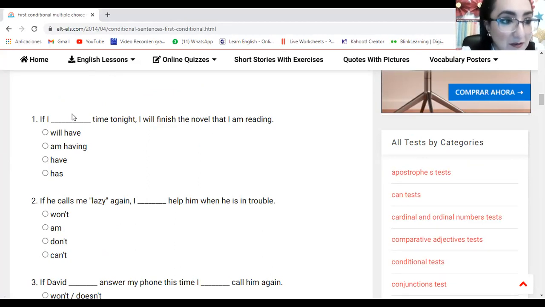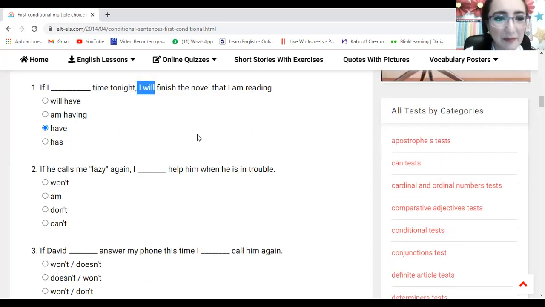What do you think? We cannot write will one more time because you already have a will here. So will is not going to be here. If I have time, remember it has to be in present, and your result in future.